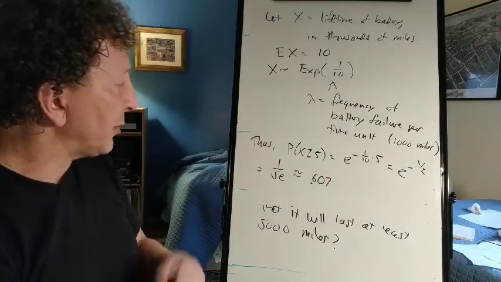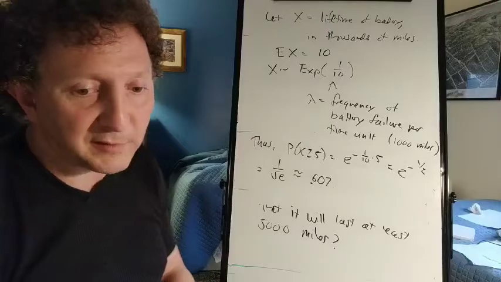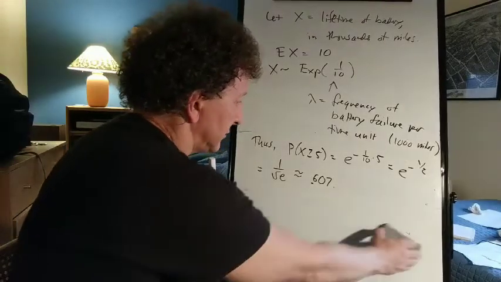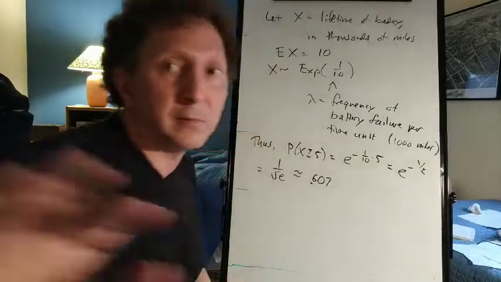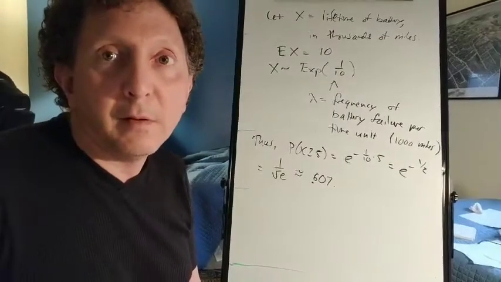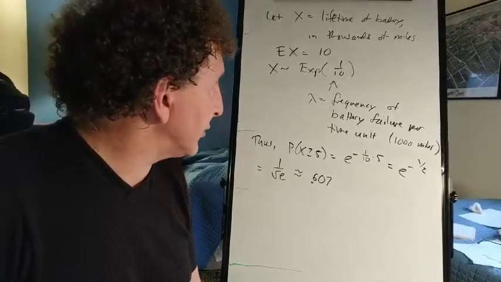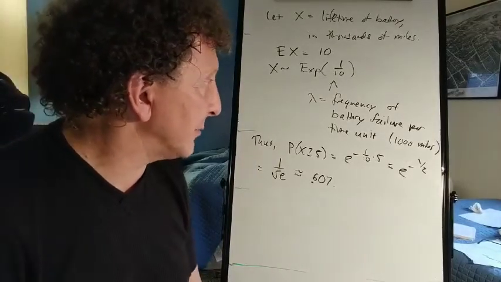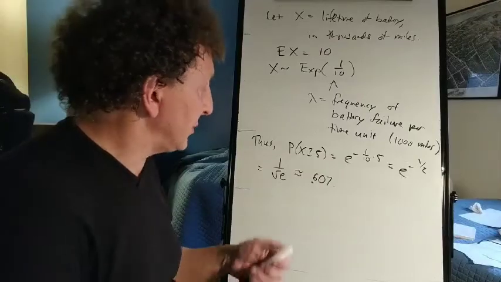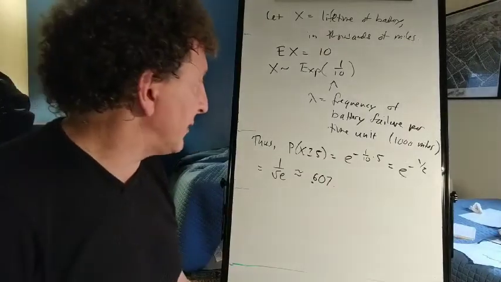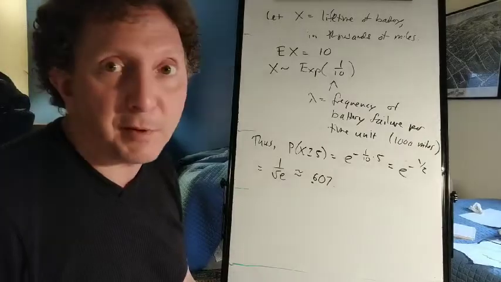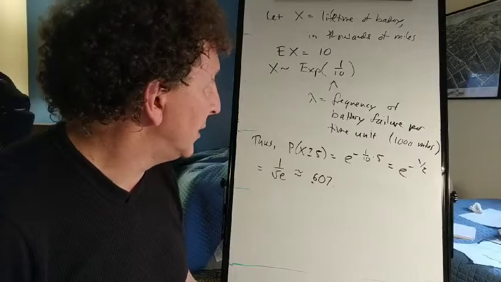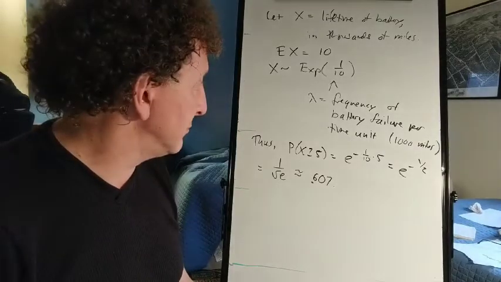So that's the probability with which we believe that the car battery will last at least 5,000 miles. Then after one 5,000 mile trip, I guess our opinion about the battery lasting another 5,000 miles is just the same as it was before. And then after two 5,000 mile trips, our opinion about the battery lasting another 5,000 miles is the same as it was before. Which I think is pretty silly.